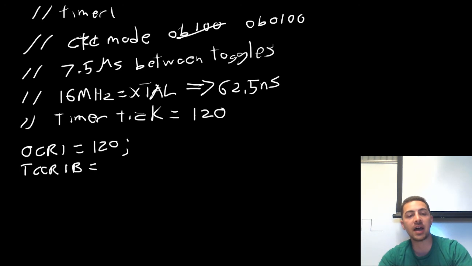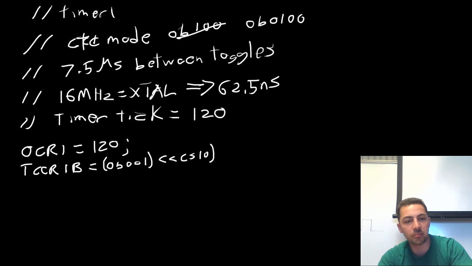So I'm going to say that my clock source is 0B001, shifted left by CS10, and actually I should have parentheses like that, ORed with specifically the upper 2 bits.